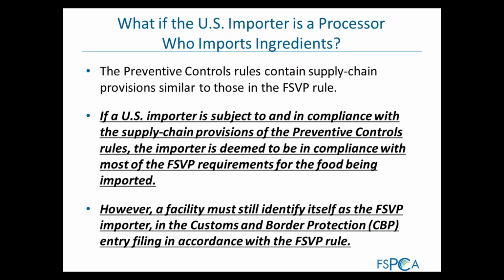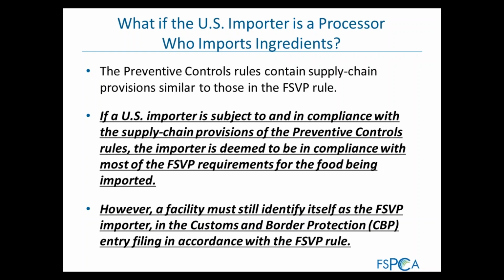So what if the U.S. importer is a processor who imports ingredients? This is the situation that a livestock feed mill in the U.S. will find themselves in. Basically, the preventive controls rule that you're required to comply with under the animal food rule contains supply chain provisions similar to the Foreign Supplier Verification Rule.